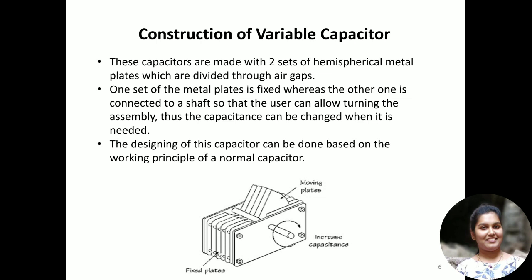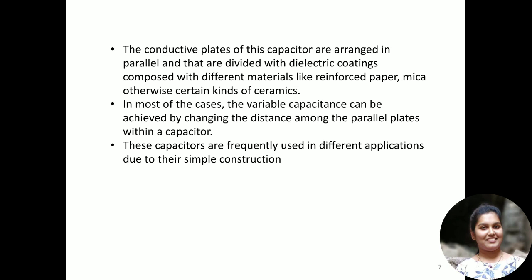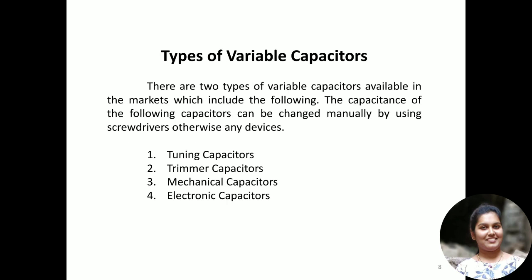It is very simple in operation, and the range of operation is also very high, and it is mostly used in communication, transmission and receiving systems. Coming to the types of variable capacitors, there are two types available in the market.